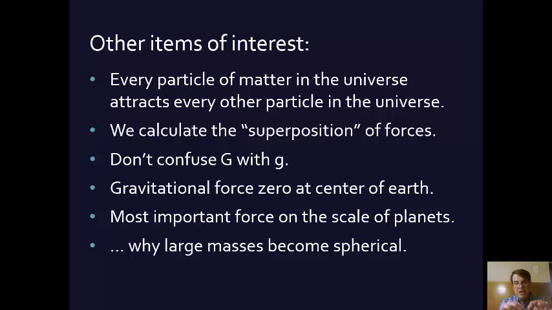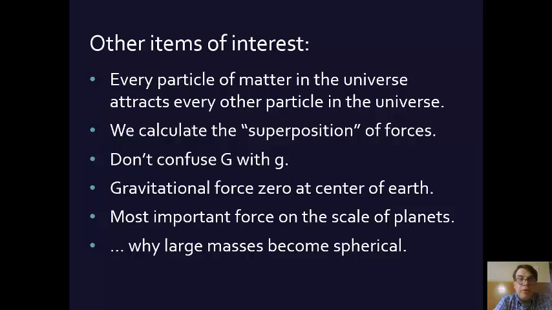If you could jump in a cavern way down deep and not get burned up, you could jump farther at a certain point in the middle of the Earth, just like the Moon. At the center, there's no gravitational force whatsoever. Of course, we can't get there. But don't confuse small g, the gravitational acceleration at the surface of the Earth, with G, the universal constant of gravity, 6.67 and so on.